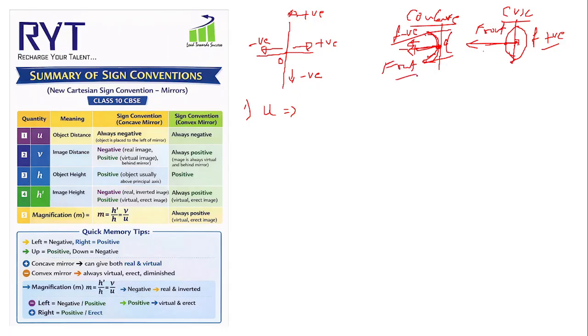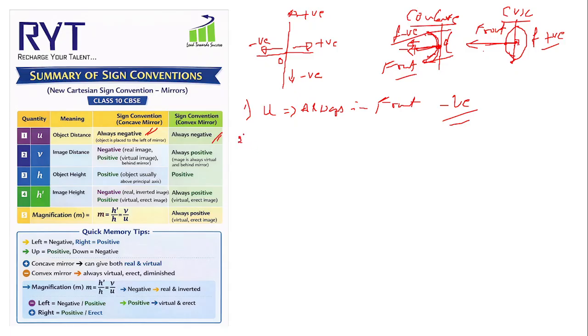So always in front, therefore always negative. Okay, I have mentioned here: the object distance U is always negative for both concave mirror as well as convex mirror. Okay, I hope this is clear. Object, because the object should be in front of the mirror.